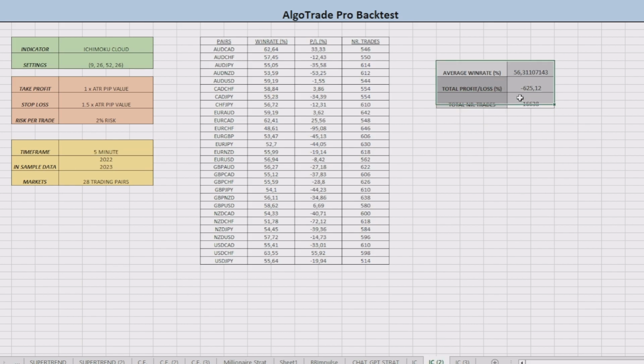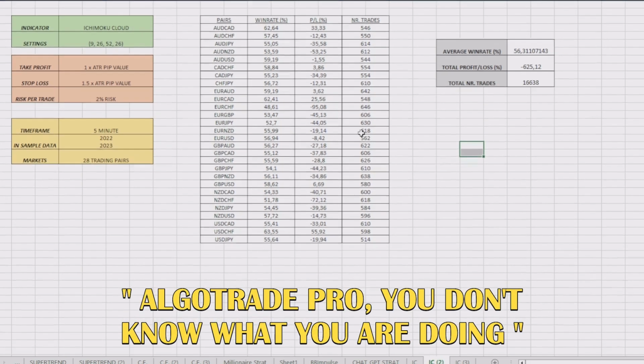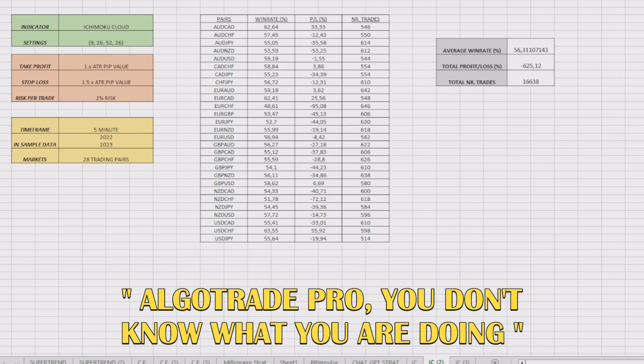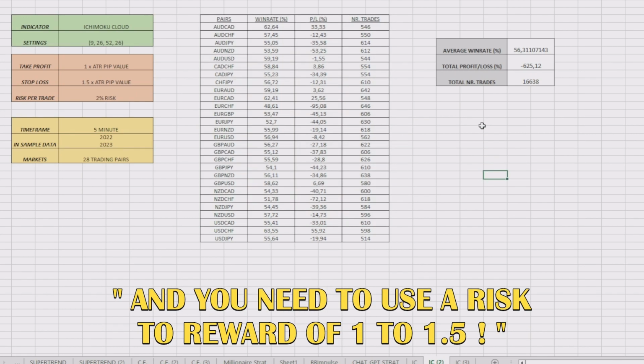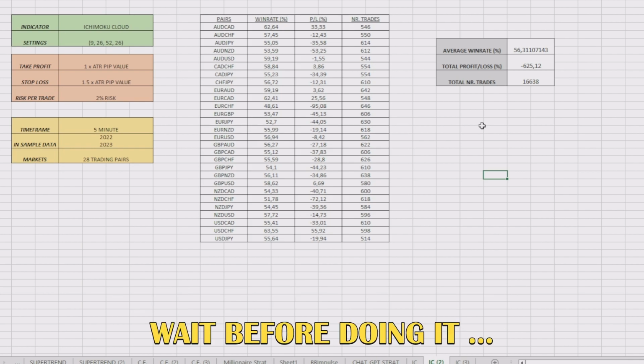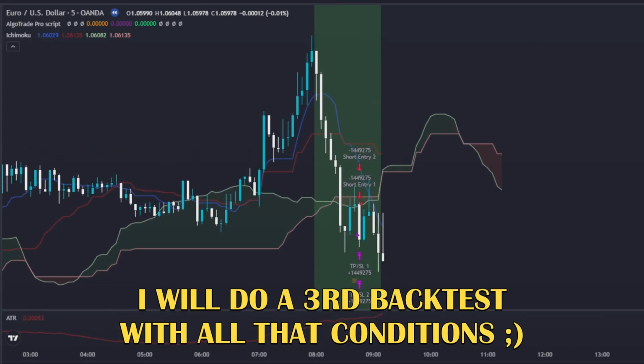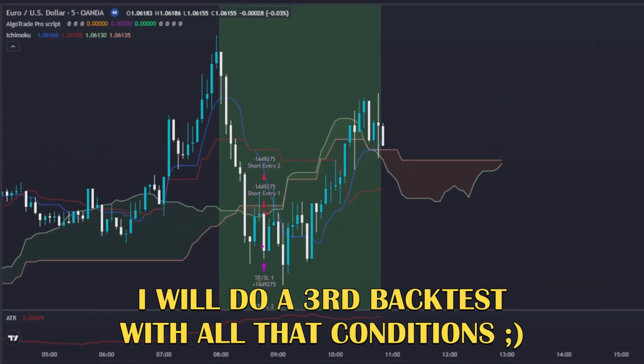Now, for those that will comment, but Algo Trade Pro, you don't know what you are doing. You need to consider trades only from the London session, and you need to use a risk to reward of 1 to 1.5. Wait just one more second before doing it, because I will do a third backtest considering all those conditions.